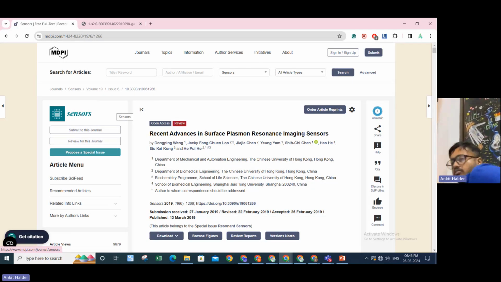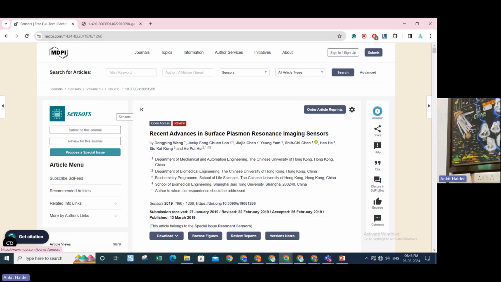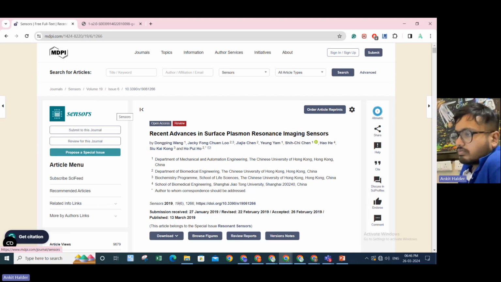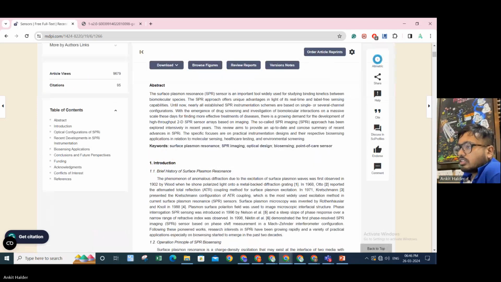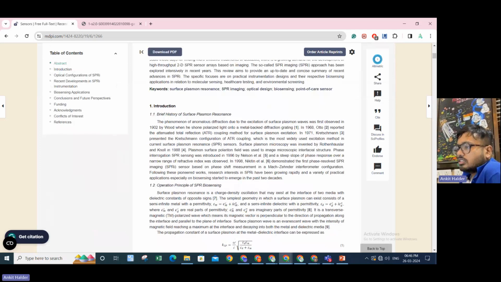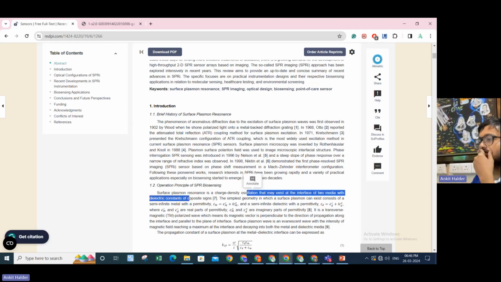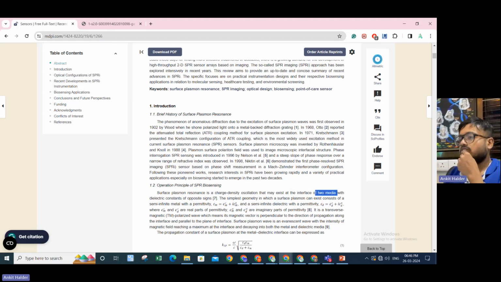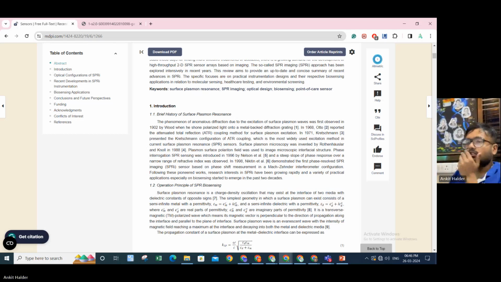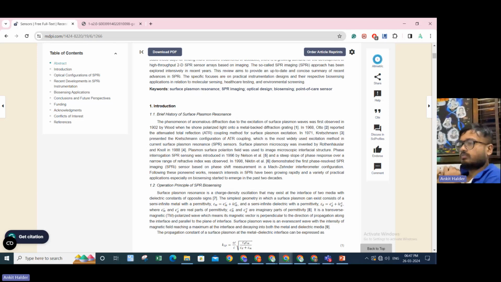So the recent advances in surface plasmon resonance imaging sensors. You can just look at it here. It is a charge density oscillation that may exist at the interface of two media with dielectric constants of opposite signs.